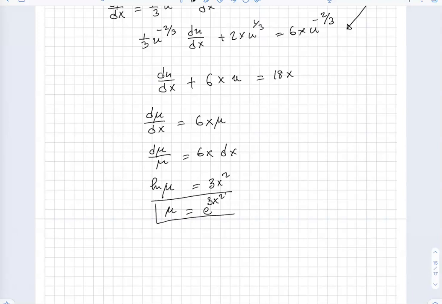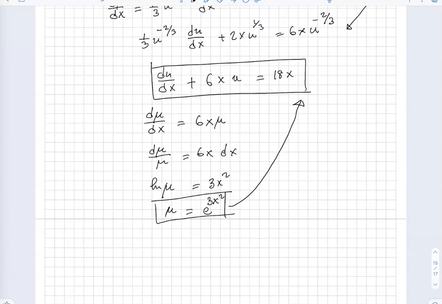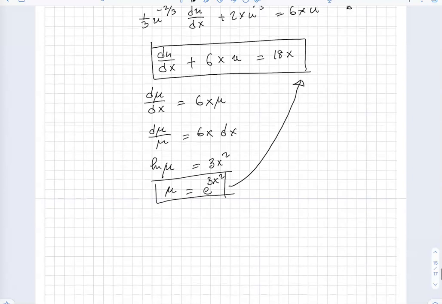That's your integrating factor for this linear differential equation. Hence, you multiply the linear differential equation with this integrating factor.